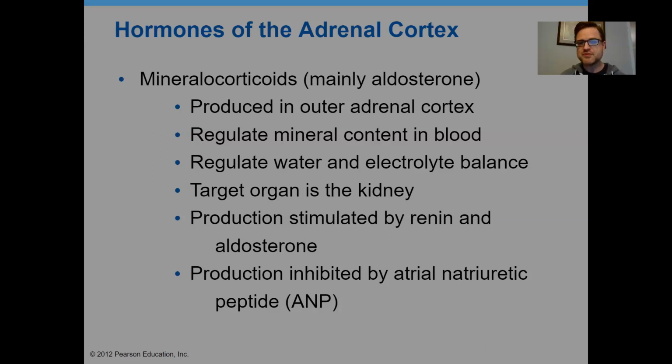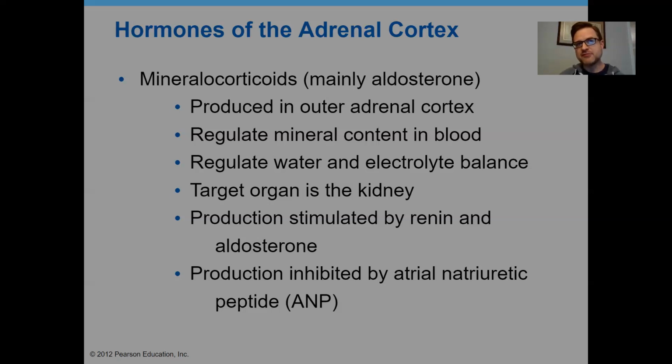So mineralocorticoids, like aldosterone, primarily regulate the mineral content of your blood, like potassium, sodium, things like that. But they also regulate the water balance of your blood as a byproduct.